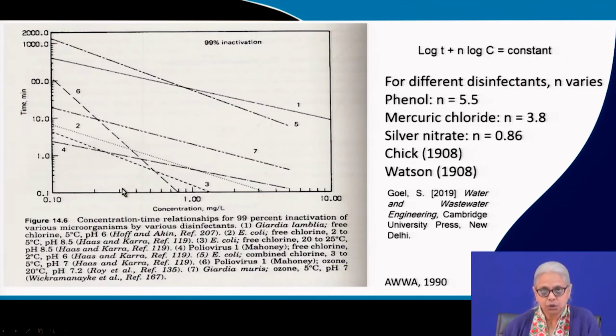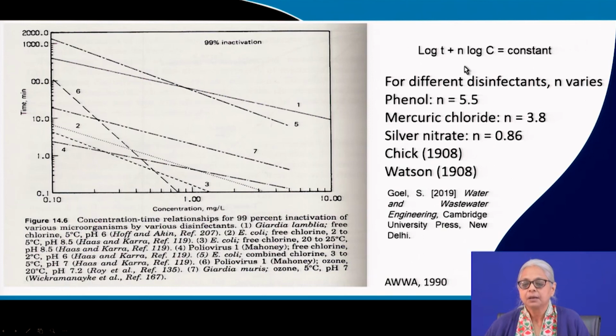So this is a 2 log inactivation for different species: Giardia, E. coli, poliovirus. This kind of work has been done over a long period of time by various researchers in the field. So this is kind of common, and this is based on this equation.